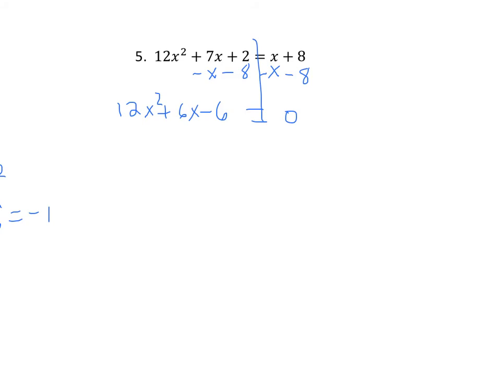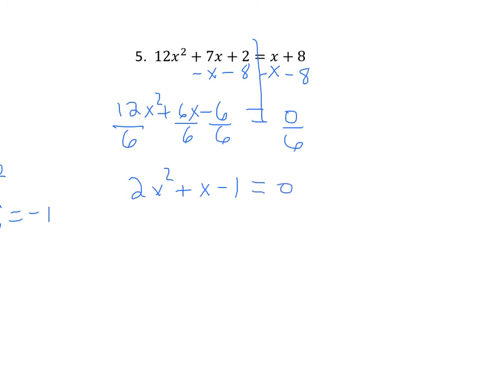Now, instead of factoring out a number, you can also divide. See how all of those are divisible by 6? So divide everything by 6. Now again, the only time you can do this without factoring it out is when you're solving, not when you're factoring. So you get 2x squared plus x minus 1 equals 0.